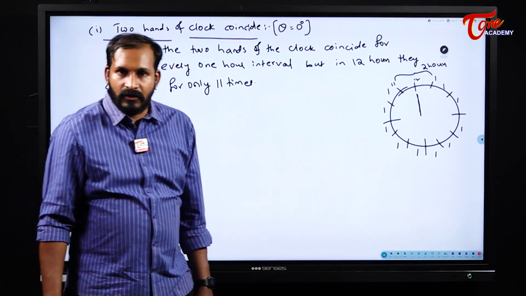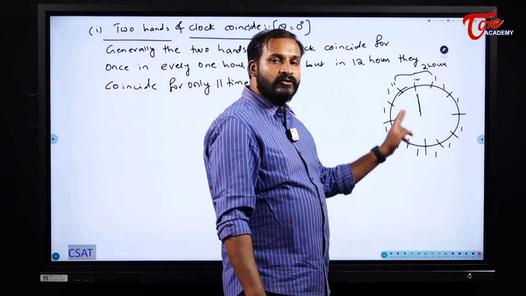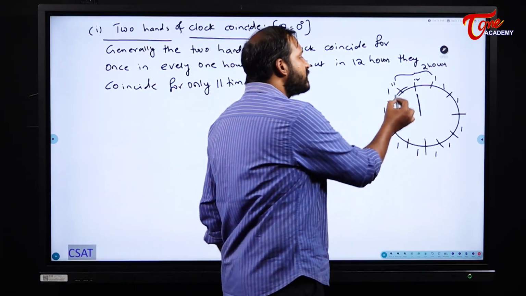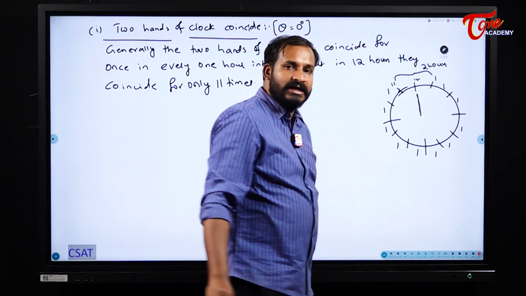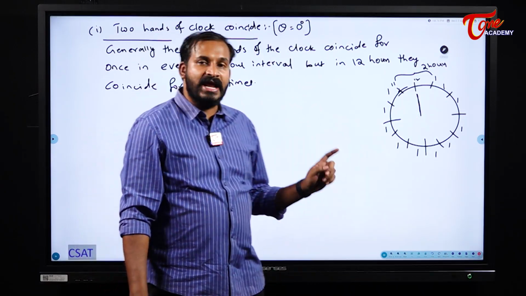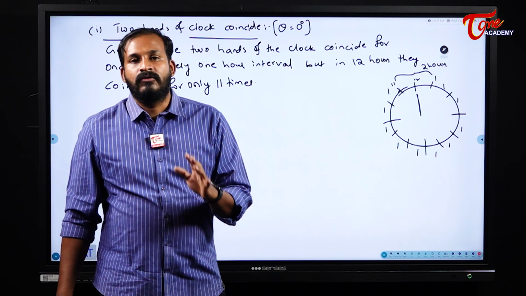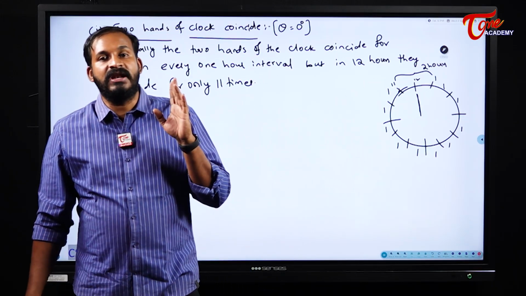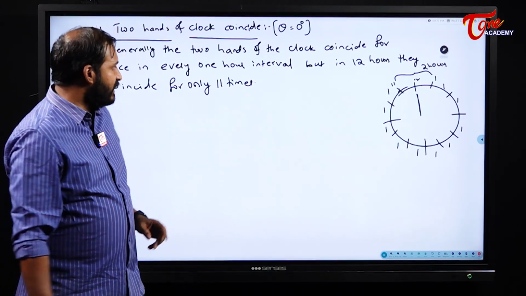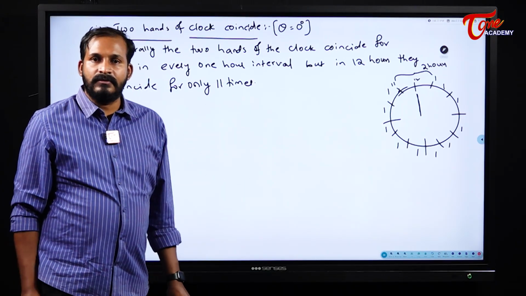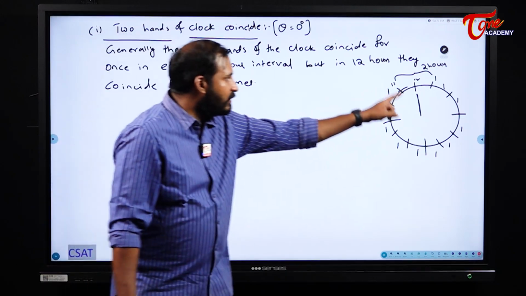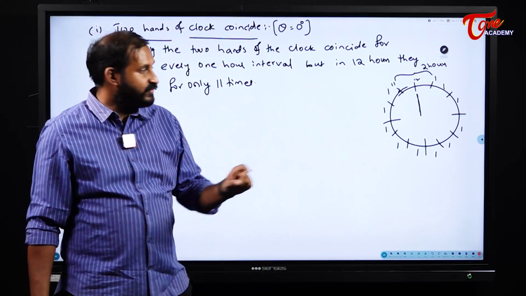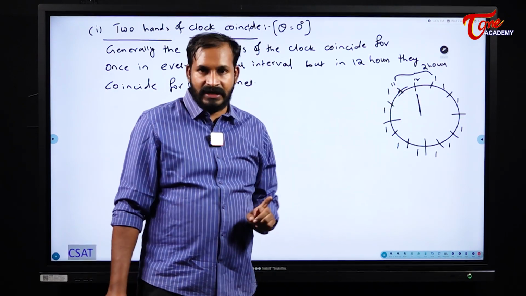When the time is 12 o'clock, my two hands of the clock will be one over the other. So because of this common coinciding point between 11 and 1, we are having only 11 coinciding points, or the two hands of the clock will coincide only for 11 times. Understood, students? We are losing one coinciding point between 11 and 1.